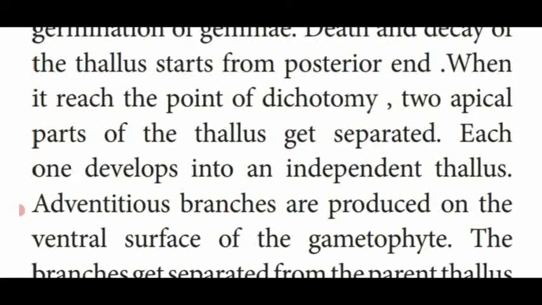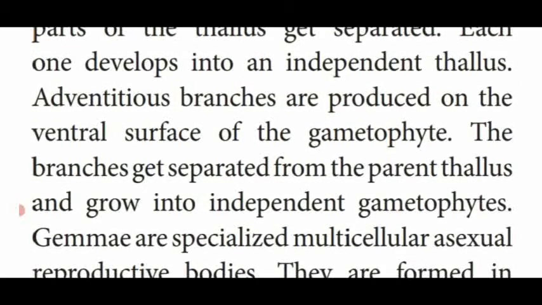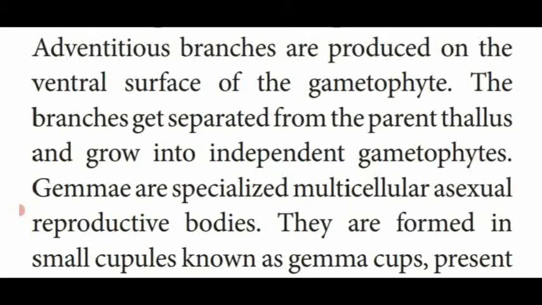Once they are divided, the separated branches get detached from the parental thalli and develop new adventitious branches on the ventral surface of the gametophyte. After that, the branches separate from the parental one and develop into a new independent gametophytic thallus. That is vegetative reproduction by death and decay of thalli.